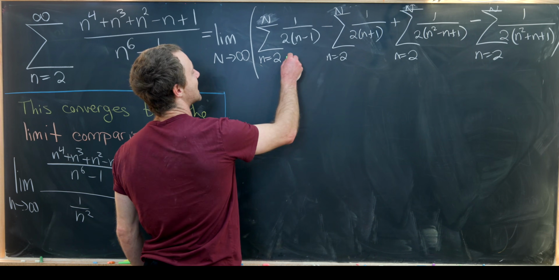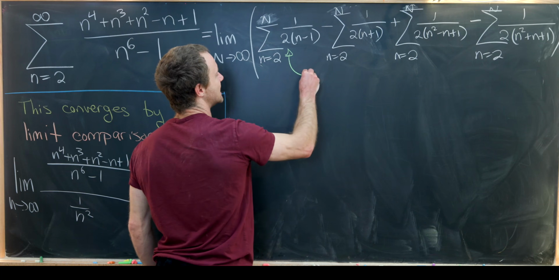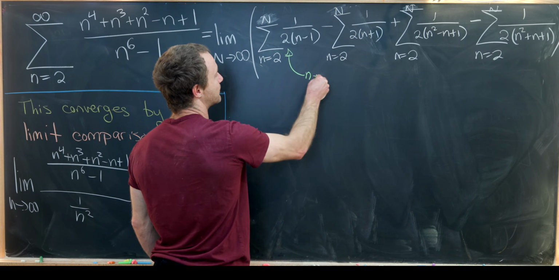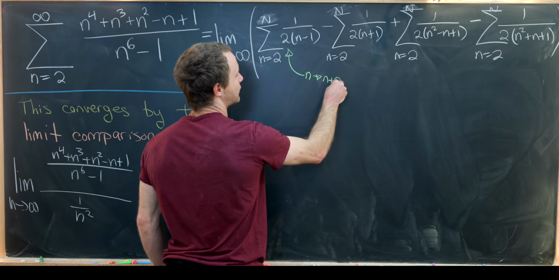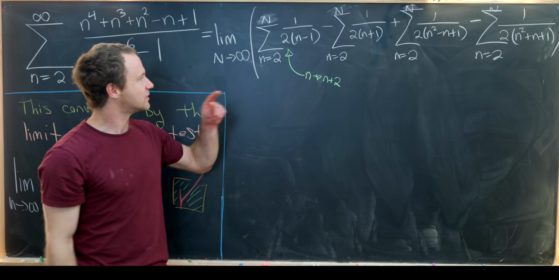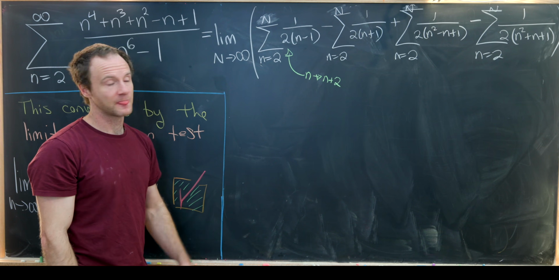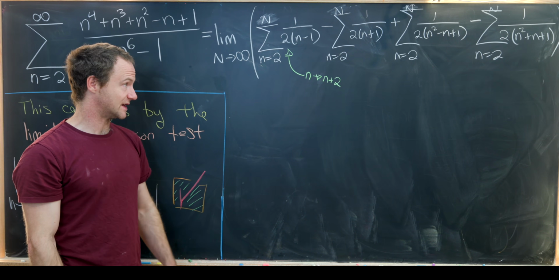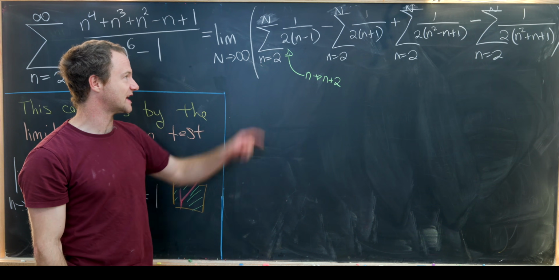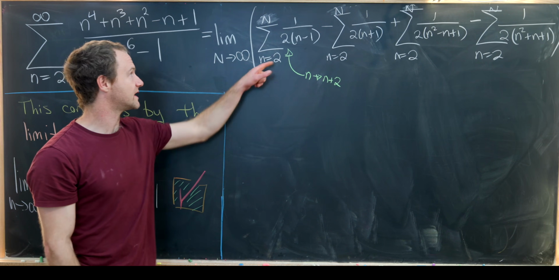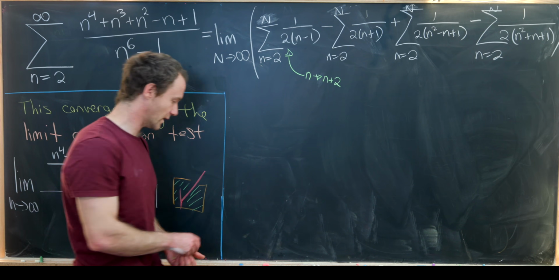Maybe I'd like to take every value of n here and replace it with n plus 2. Notice that's going to change n minus 1 into n plus 1, and it's going to change this lower starting point and this upper ending point as well.